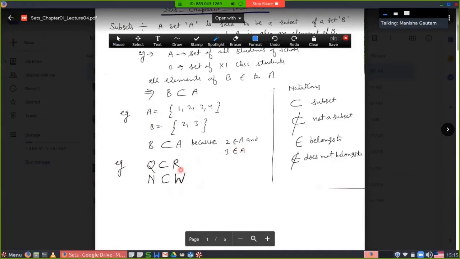The real numbers are the set of rational and irrational numbers. So rational numbers are a subset of real numbers; this sign shows subset of. Natural numbers are a subset of whole numbers. One more number is there in the whole numbers, that is 0. 0 is the extra number. It is the bigger set than the natural numbers.